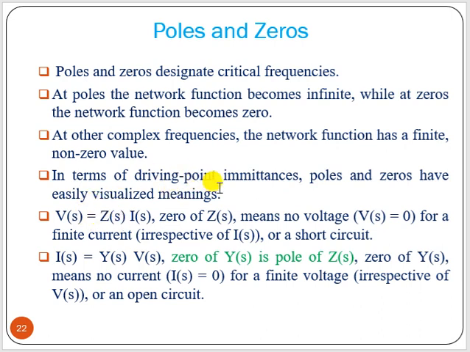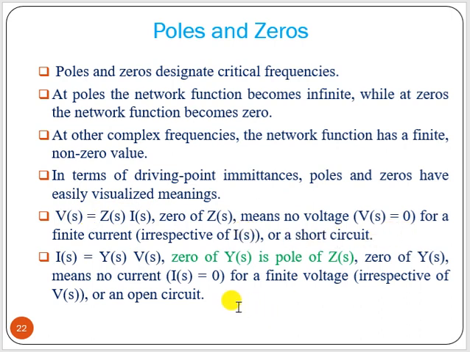Now the zeros of Zs make Zs equal to 0. If Zs equal to 0, then Vs equal to 0, irrespective of the value of the current Is. That means it is a short circuit.